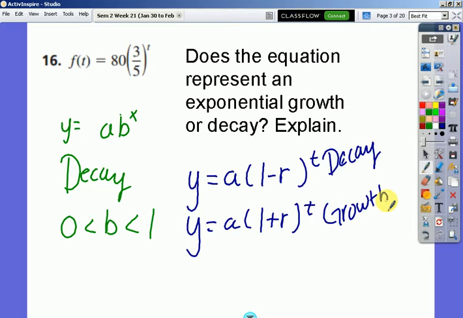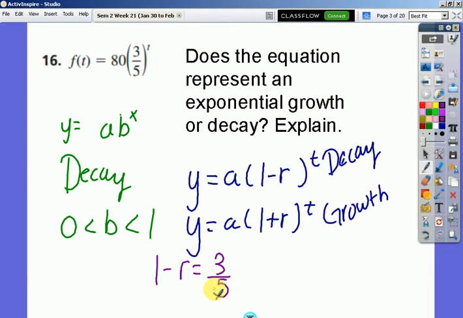Okay, if I ask for the percent rate of change, do you remember how to do that? That's all right. Well, to find the percent rate of change, all you do is you take the 3/5, you set that equal to 1 minus r, and solve for r. So you're going to take 1 minus r, set that equal to 3/5, and solve.